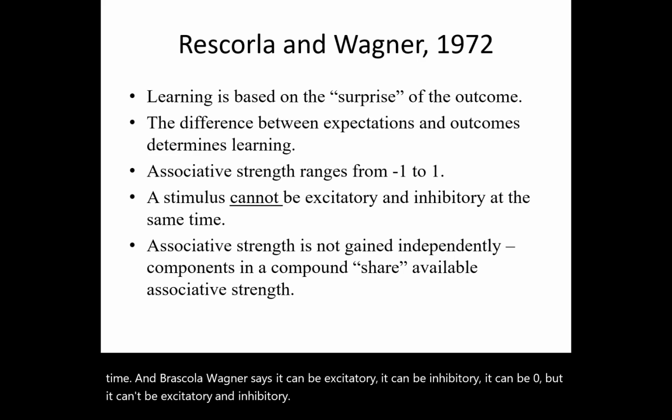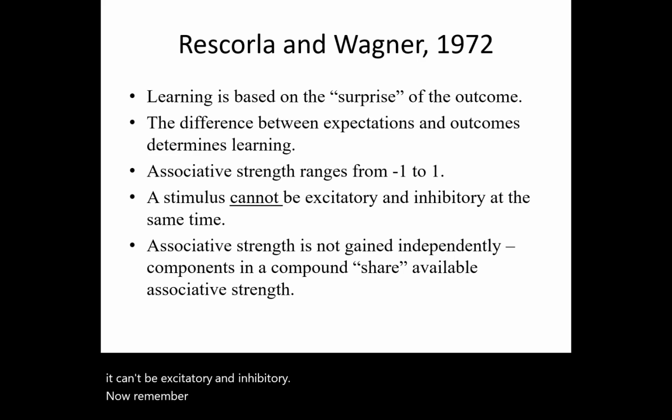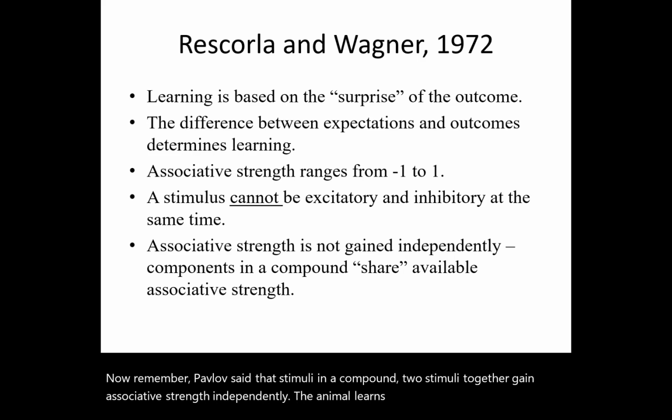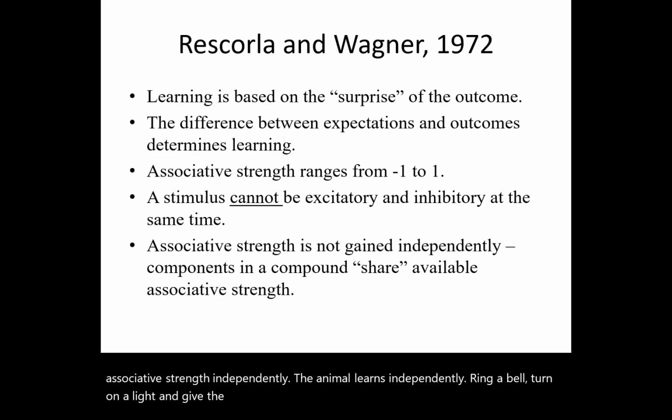Now, remember Pavlov said that stimuli in a compound, 2 stimuli together, gain associative strength independently. The animal learns independently. Ring a bell, turn on a light, and give the animal a shock. The light and the bell both become associated with shock, independently of each other.